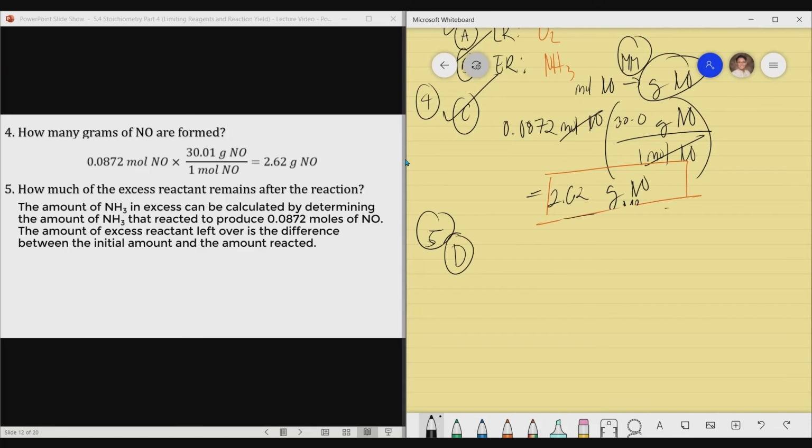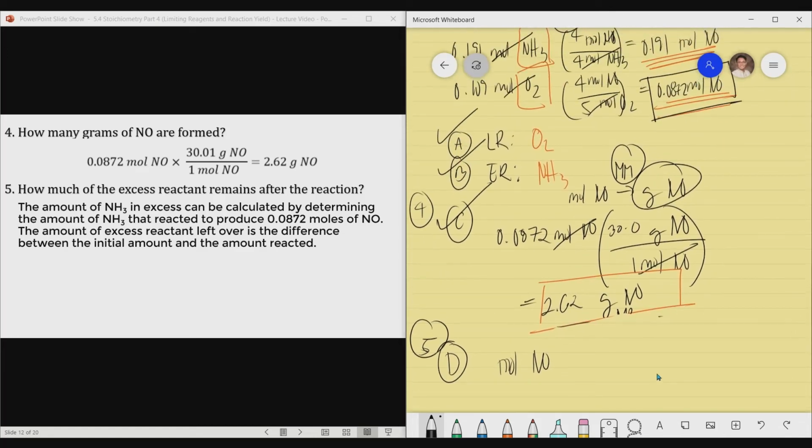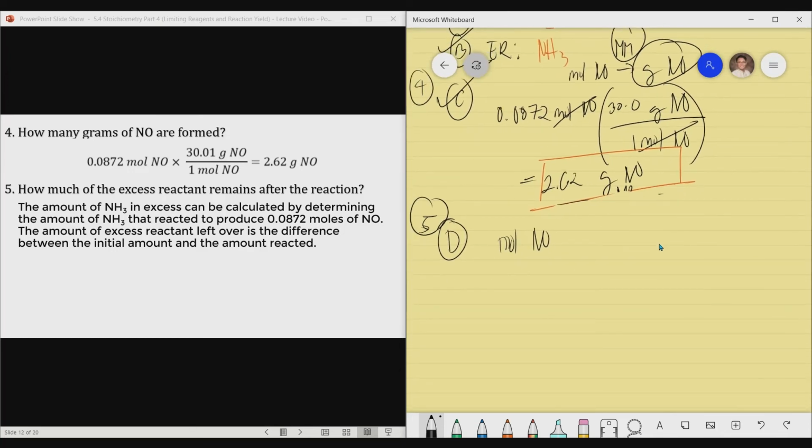Ang gagawin daw natin ay si mole NO, yun po yung nasolve natin kanina na pinakamababa, that is 0.0872 moles of NO. Ay i-convert natin into moles of NH3 and then grams of NH3. Yun lang po yung gusto sabihin ng step na ito. Then after getting grams NH3, isusubtract po natin siya with its initial amount.